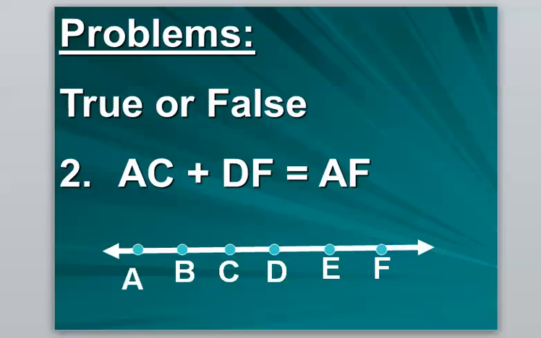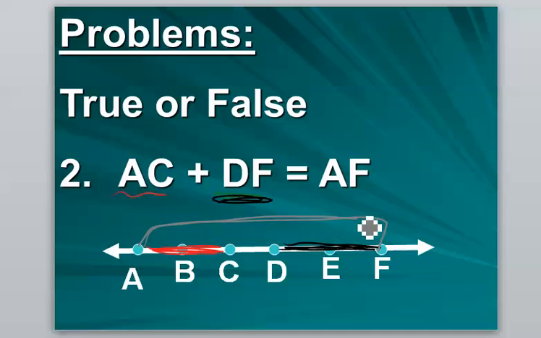Number 2 says the length from A to C, so I'm going to put that in red, plus the length from D to F, and I'll put that in black, adds up to the entire length AF. Well, if we look at A to C and D to F, putting those two together is not the same length as AF because there's a gap.